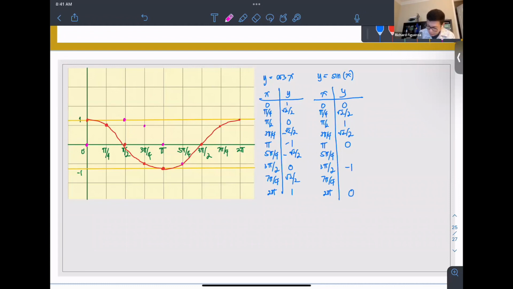So you'll be able to graph how the sine function looks like. Okay, so that's how the graph will look like then.